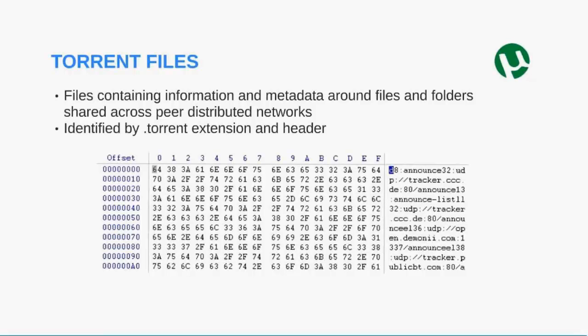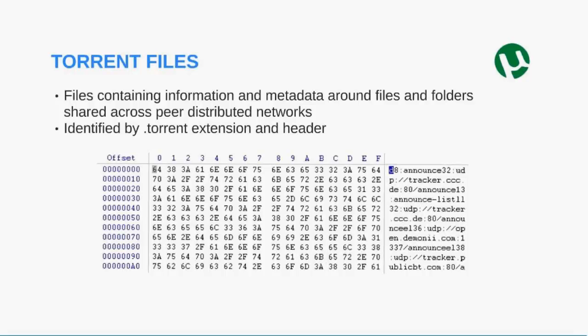And the next artifact that we found on the suspect's computer are some torrent files. Most people understand what a torrent file is. It's a file containing information and metadata around the files and folders that are shared across P2P networks. This is often used for legitimate and illegitimate purposes.